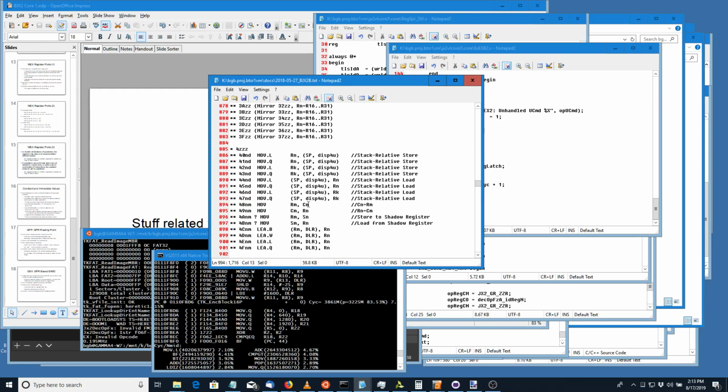It'll load or store stack relative. One could argue that this case and this case are kind of, actually wait, those wouldn't apply.